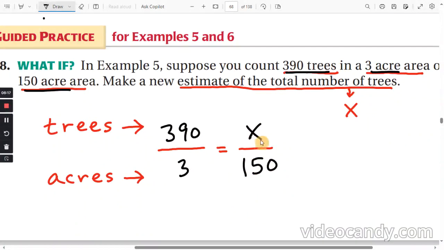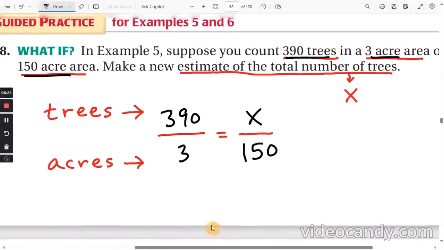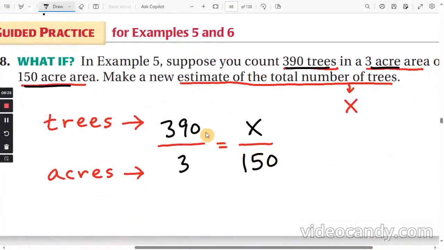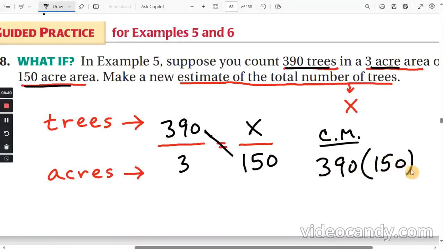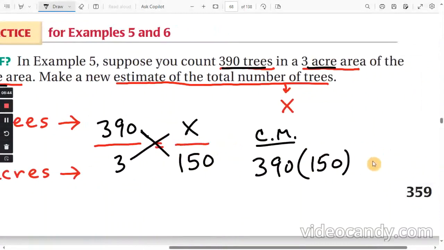To solve for x, the opposite of dividing by 150 is times 150. You could do it that way. I'll do it the basic way, cross multiply. Top times bottom is 390 times 150. So this is cross multiplication: 390 times 150 is going to equal bottom times top, 3 times x.